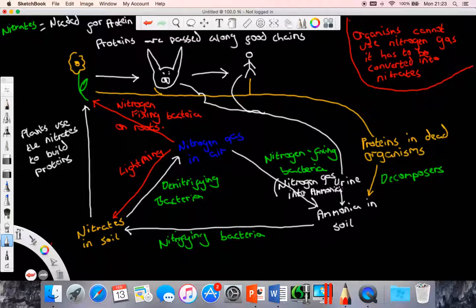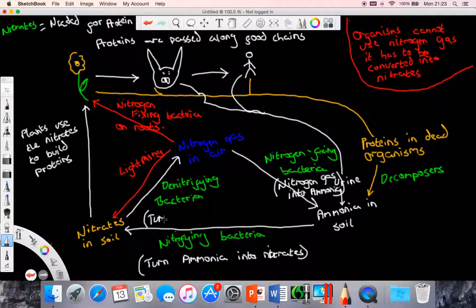Nitrifying bacteria turn ammonia into nitrates. So these turn ammonia into nitrates. And denitrifying bacteria turn nitrates into nitrogen gas.